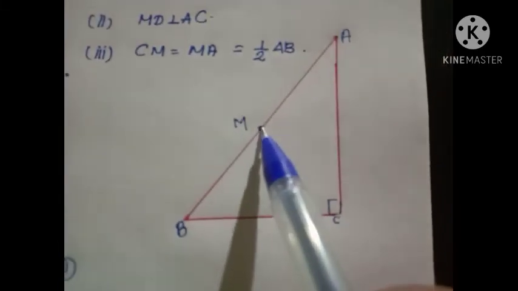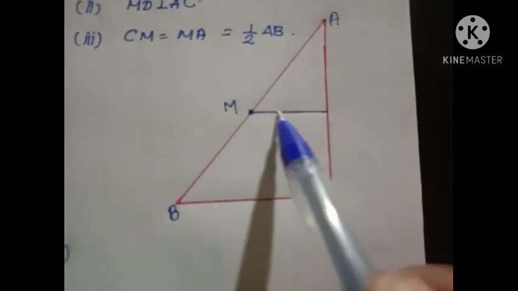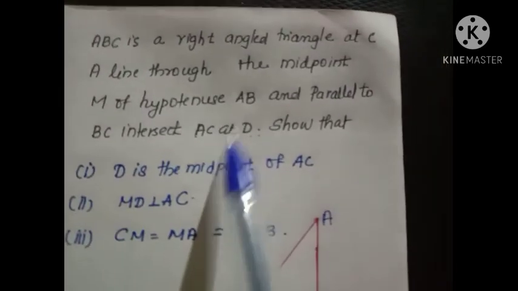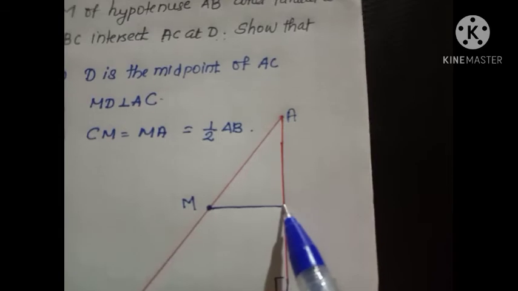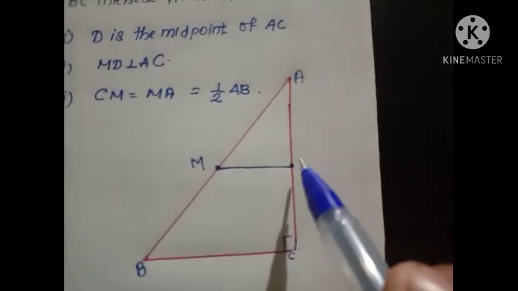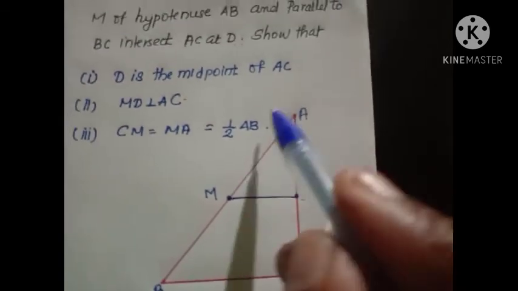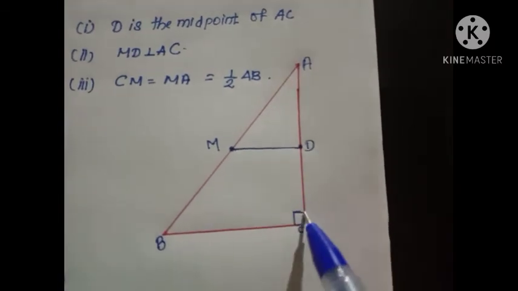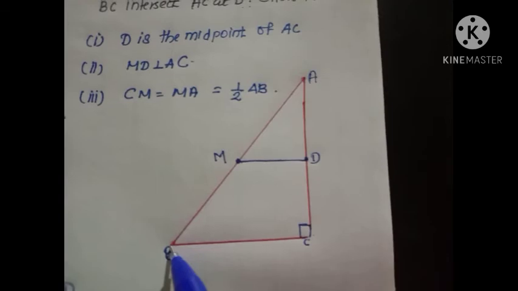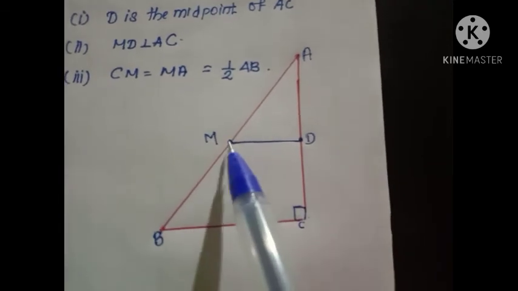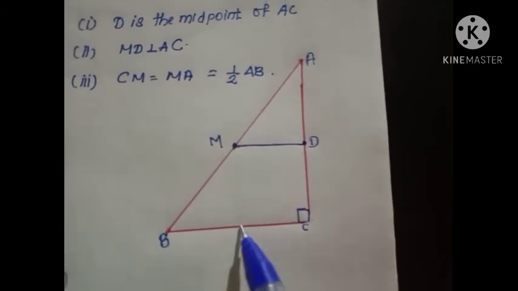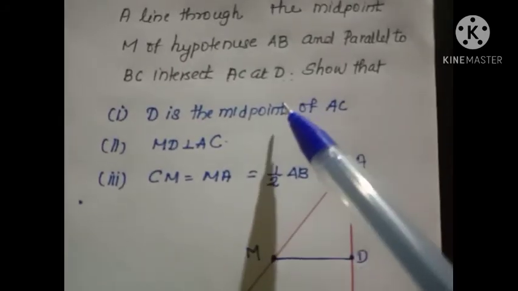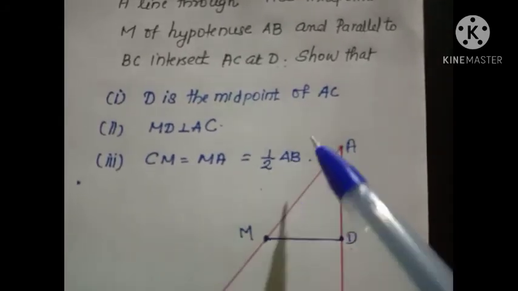So draw a line through M parallel to BC, intersecting AC at point D. So this is our figure. ABC is a triangle, right angled at C. M is the midpoint of AB, and we draw a line through M parallel to BC, meeting AC at D. Now we need to prove these three sub-questions.